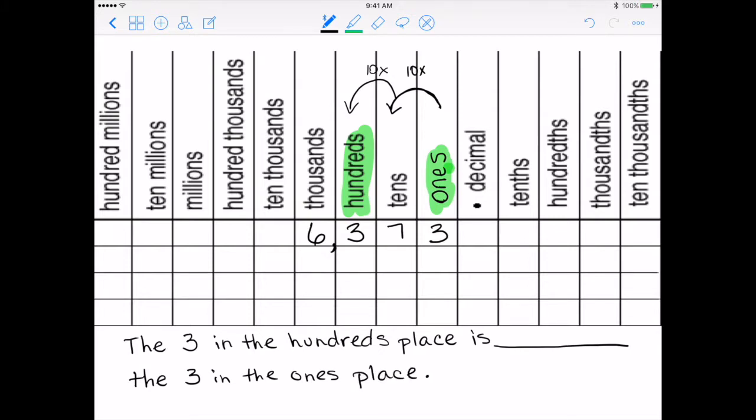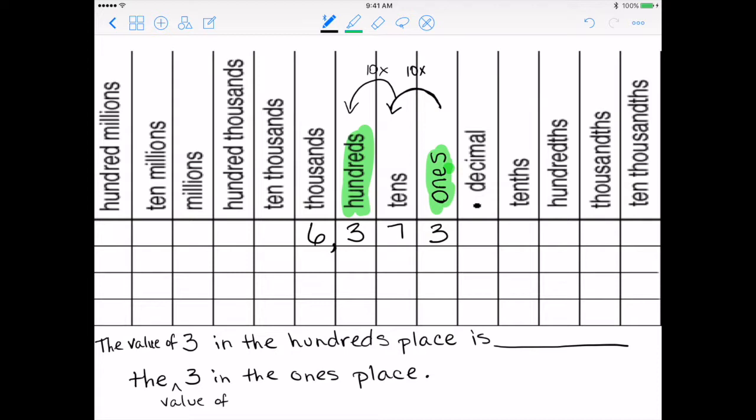And we should actually include the word value here. So really I'm going to erase that. I'm going to say the value of 3 in the hundreds place is blank the value of 3 in the ones place.